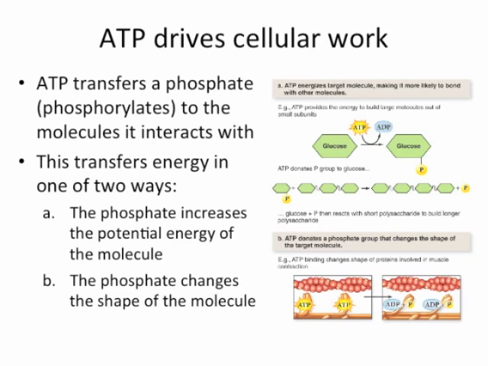And this can then transfer energy to that molecule in one of two ways. Adding a phosphate might actually increase the potential energy of the molecule. So let's just say you have an endergonic reaction where your reactant is low in free energy, your product is high in free energy.